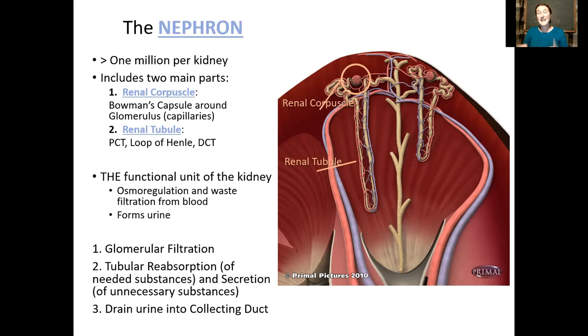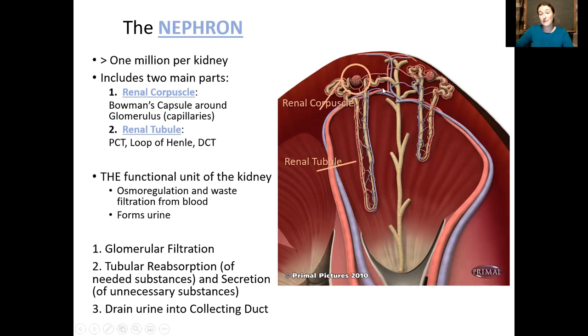Also, not everything that we don't want was actually filtered in the first place. Okay, so any extra toxins, any additional ions that are in excess of what we need, any more metabolic byproducts that just never got filtered the first time, we are going to actively secrete them into the filtrate, right? Dumping them from the blood, from the peritubular capillaries, into the filtrate.